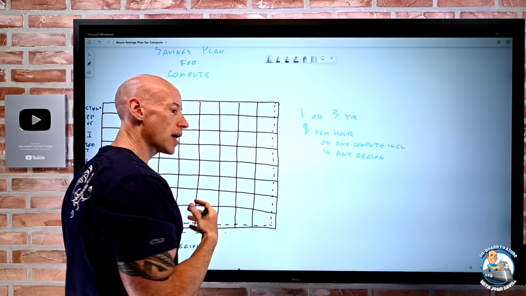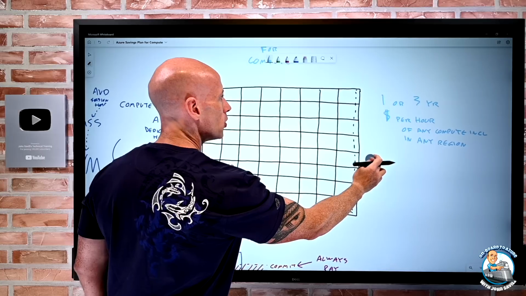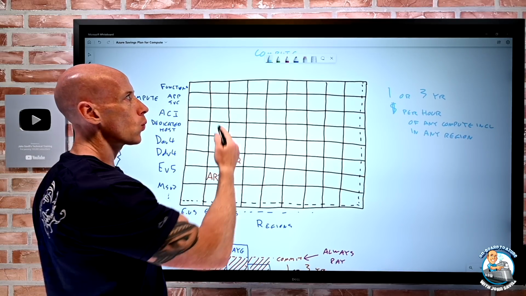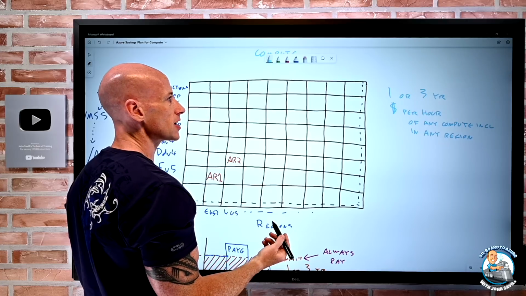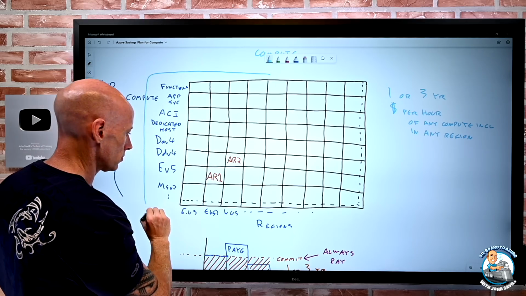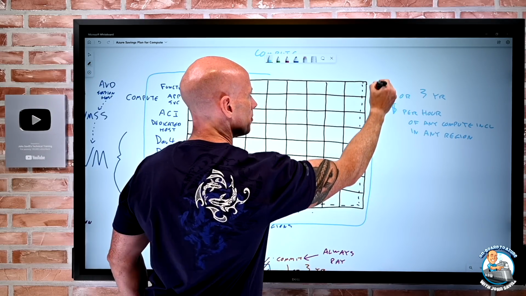So when I go and create my Azure Savings Plan for compute, if that was the Azure Reservation, this very small square, what's covered now in this new savings plan is, well, that.